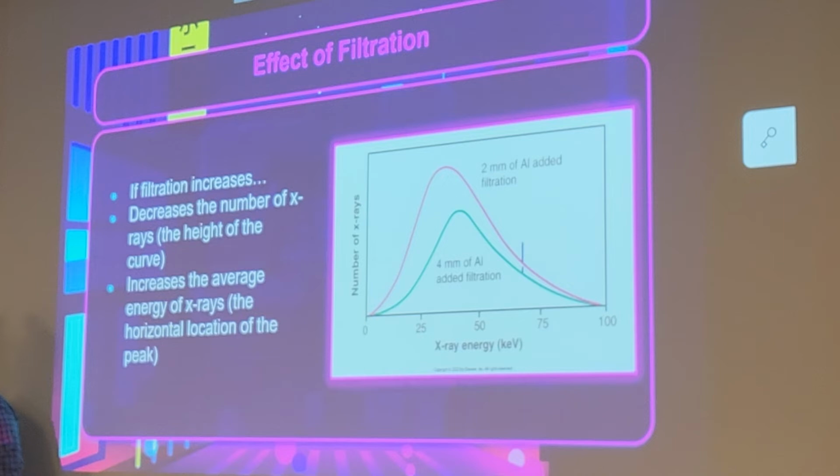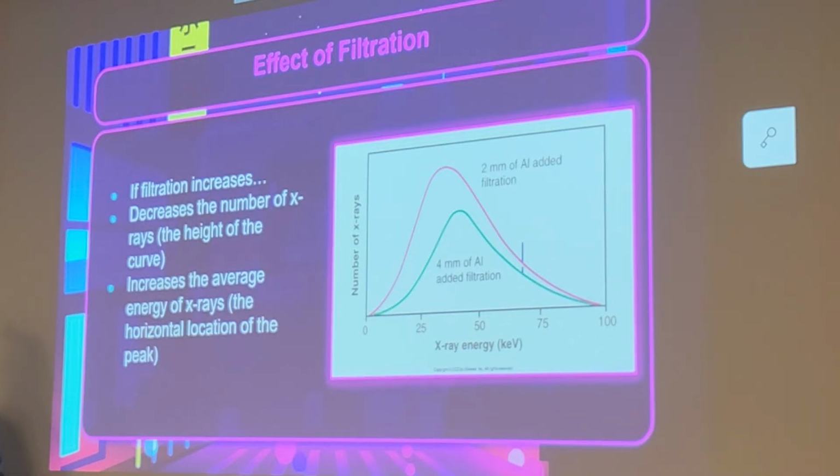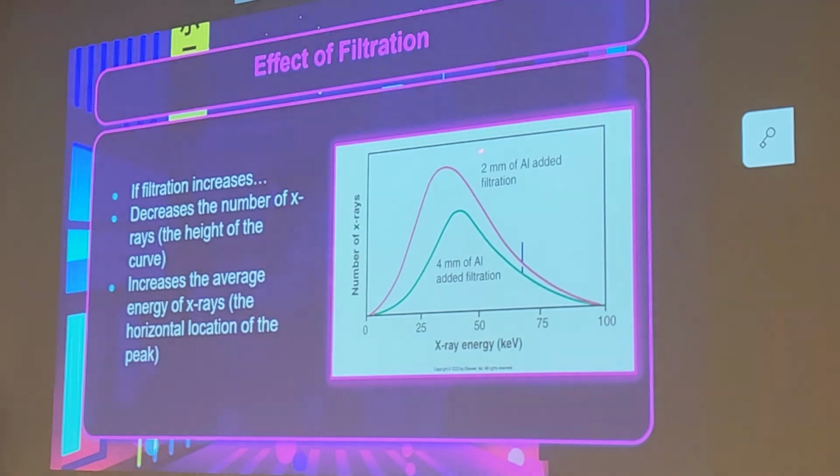And because we're taking out those low energy photons, our average energy is actually going to increase because we're hardening the beam. As you see, we go from the pink to the green when we add 4 millimeters of aluminum filtration. That drops the total number of X-rays, but our peak is moving to the right, so we're increasing the average energy of that beam.